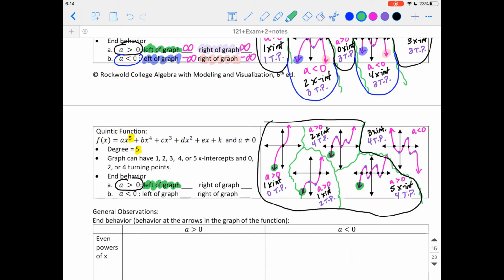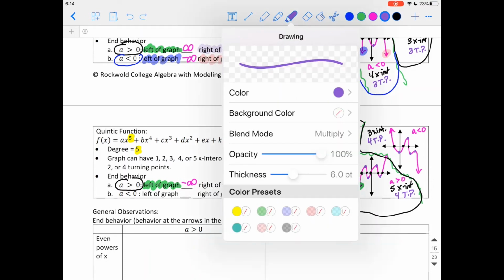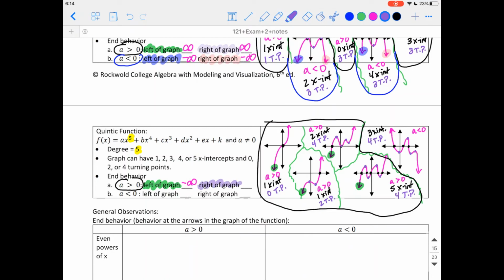They are all headed towards forever down, which is negative infinity. And then the right of the graph is that part of the graph, that part of the graph, that part of the graph is headed forever up.